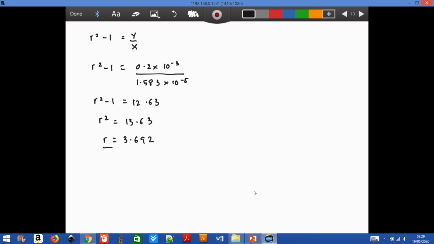So why do we find this R? Because we know that R is the ratio between the forcing frequency and the natural frequency. So by using this R, we can get the omega n, which is the square root of k over m. Therefore, we can identify the k.